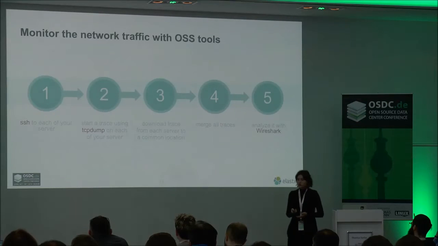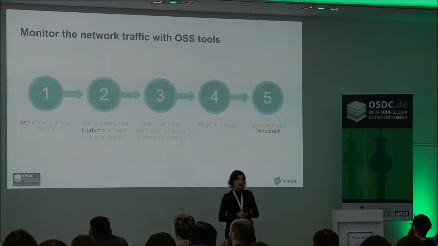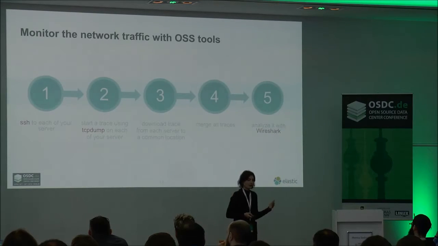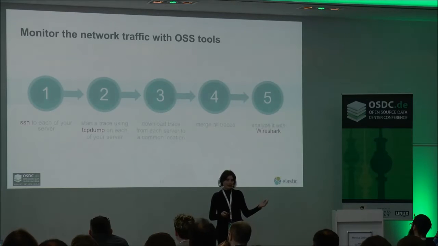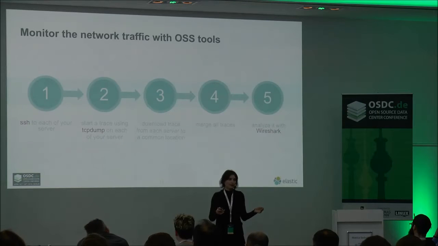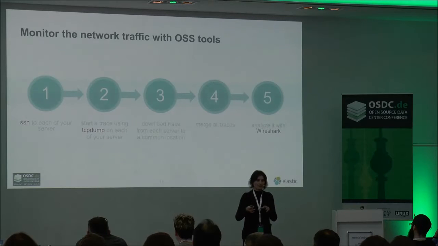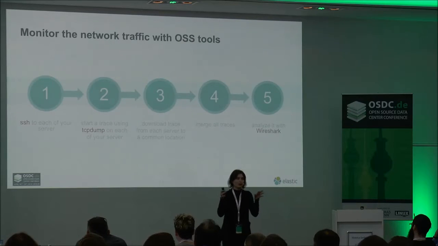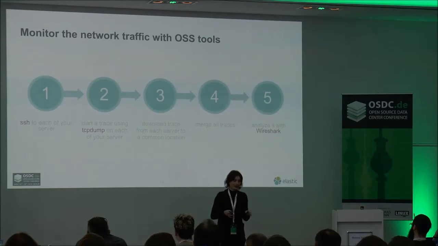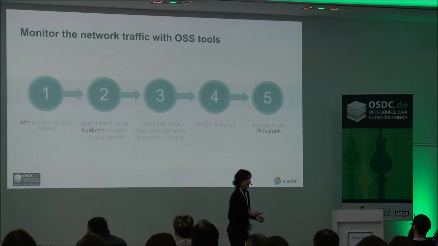Let's see how you would do it if you want to monitor your servers in your network using open source tools. An option would be to SSH to each of these servers, then start a trace using tcpdump, and then collect all these traces from all the servers to a common place, then merge all these traces together into one trace, and only then you can visualize it with Wireshark.